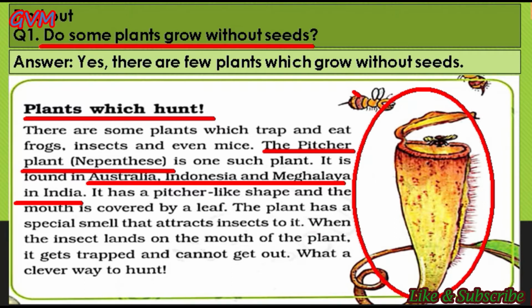It has a special smell that attracts insects towards it. When the insects land on the mouth of this plant, they get trapped and cannot get out of it, and that's how the pitcher plant takes nutrition from insects, and that's why they are also known as insectivorous plants.